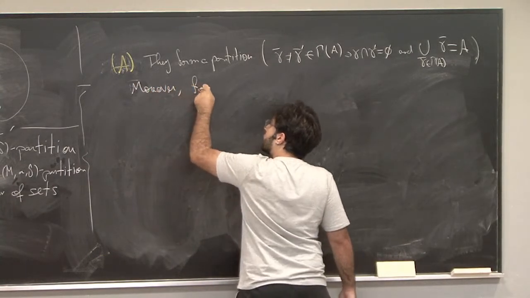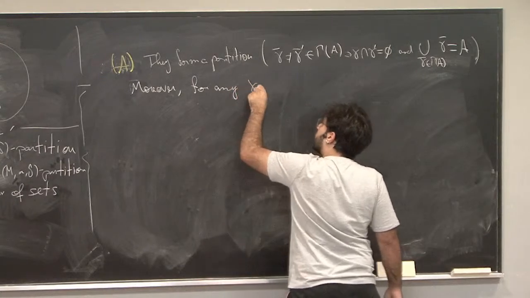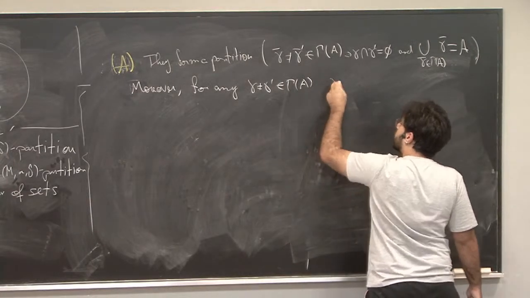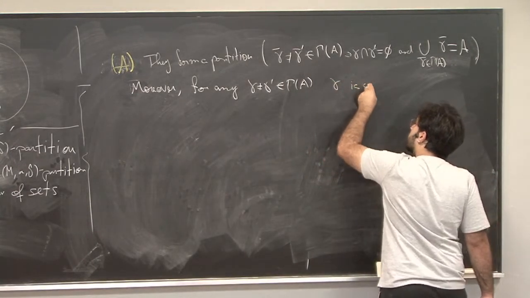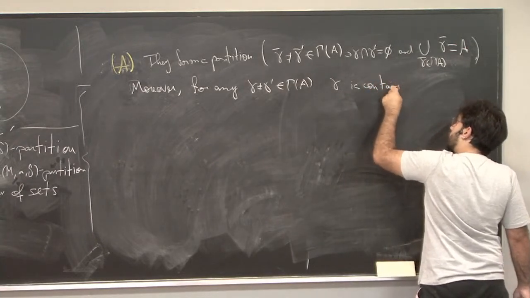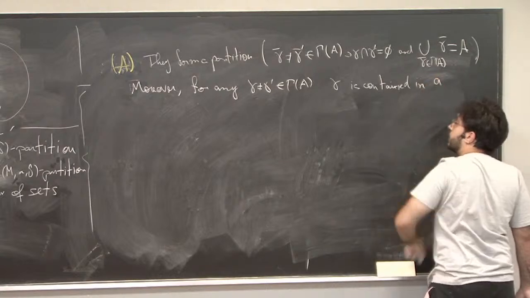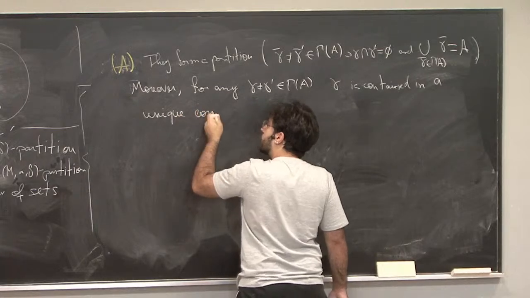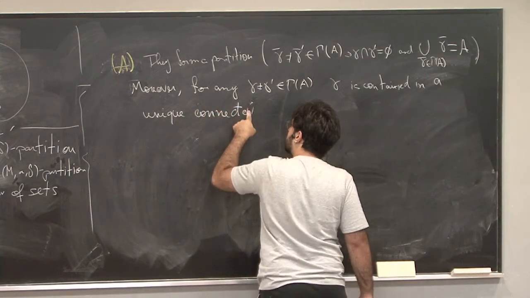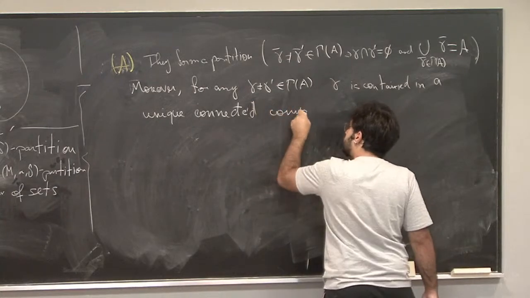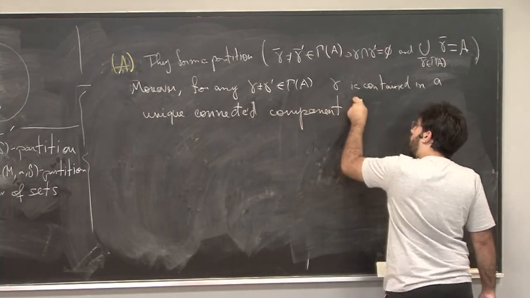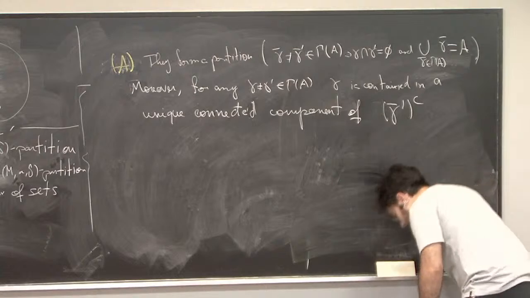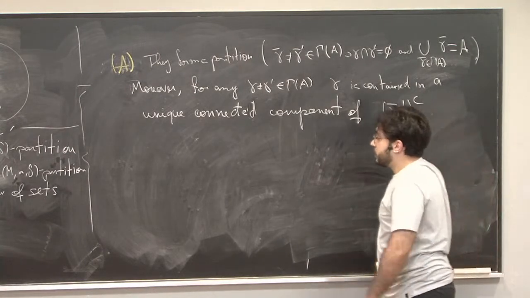Moreover, for any pair of distinct elements, gamma is contained in a unique connected component of the complement of the other set. So what this means is the following.